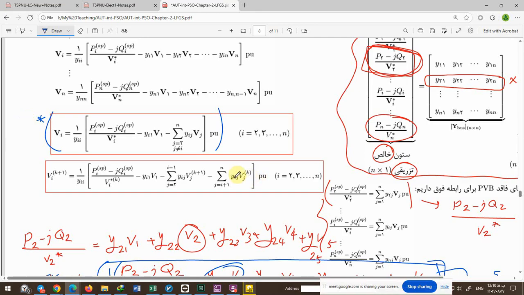i is the number of the bus you want to calculate the voltage for.